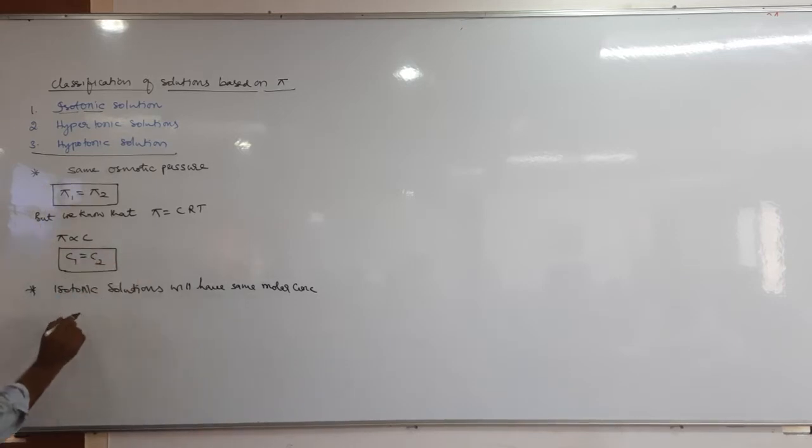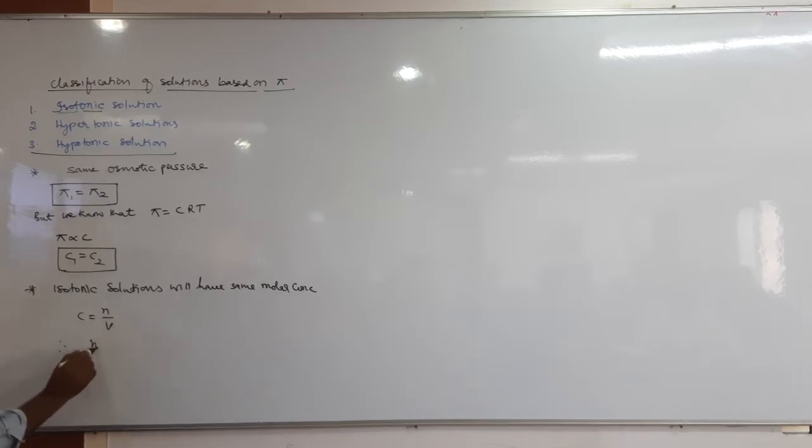But we also know that C equals n by V. So can we write n1 by V1 is equal to n2 by V2?